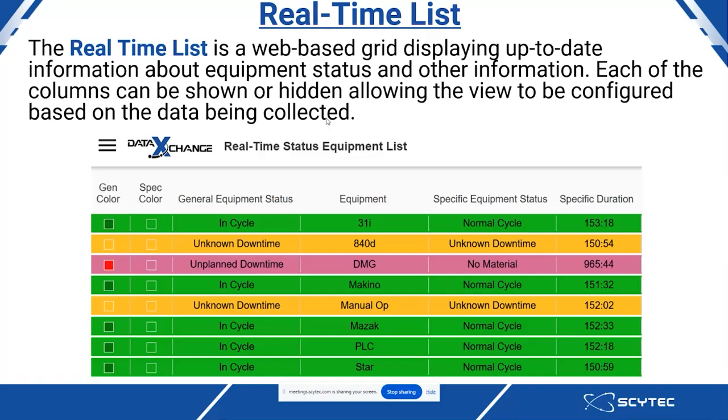So this is kind of meant for something that you could show more on a smaller device like a phone, where you can see this real-time equipment status in a more streamlined way that doesn't show the equipment cards that I just showed on the previous equipment view.